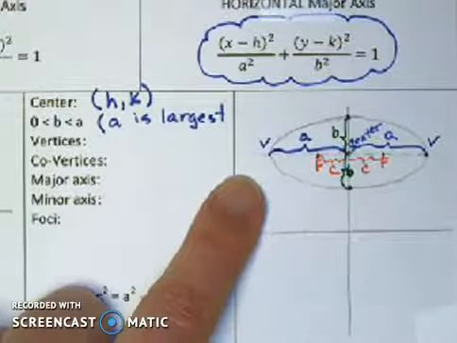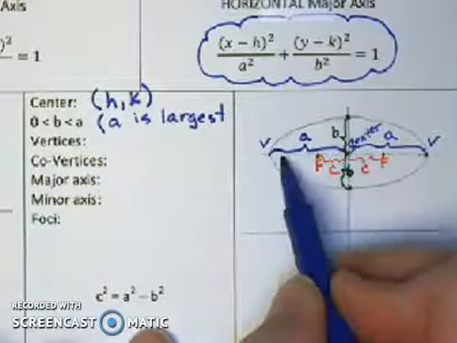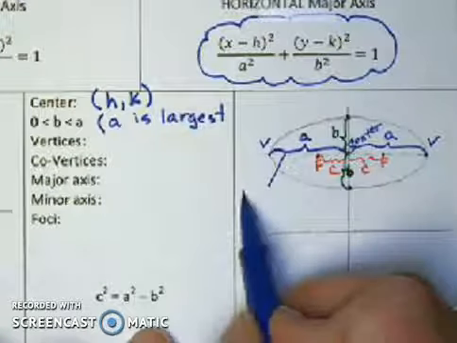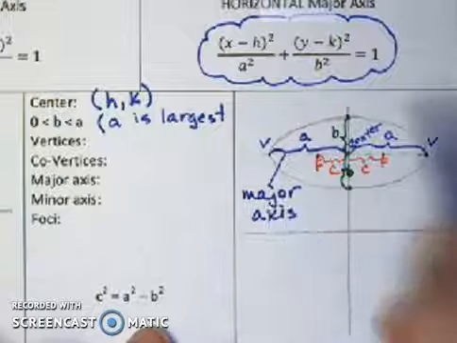Let's label some of our axes here. This axis right here is our major axis. This one would be our minor axis.